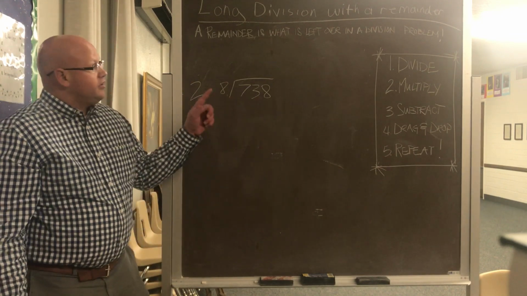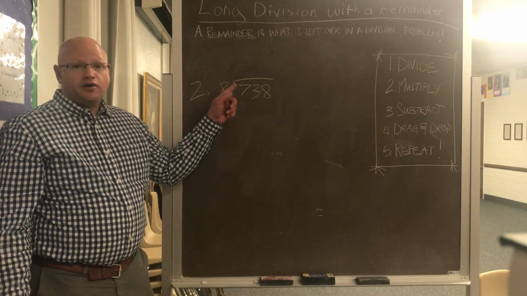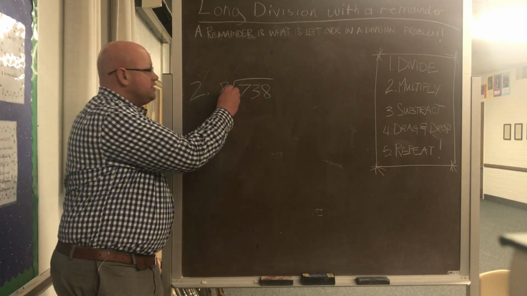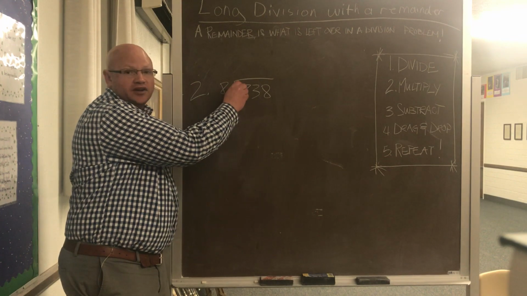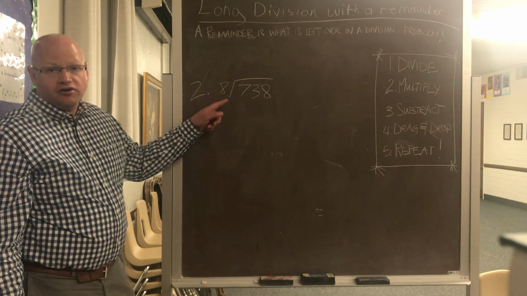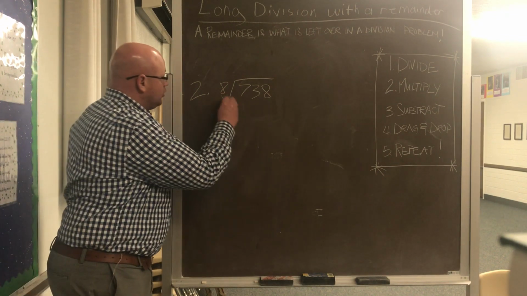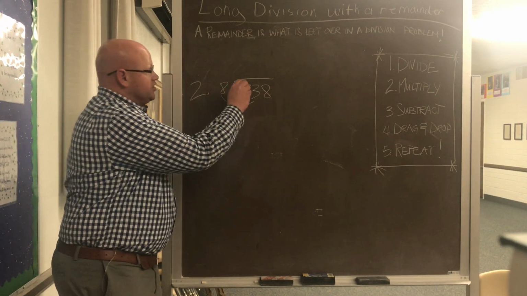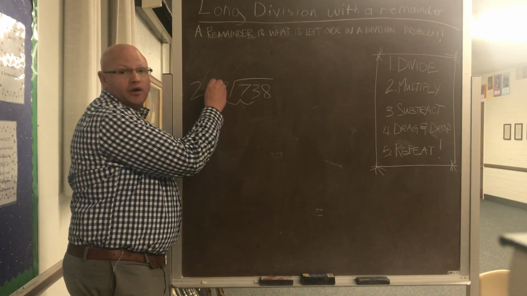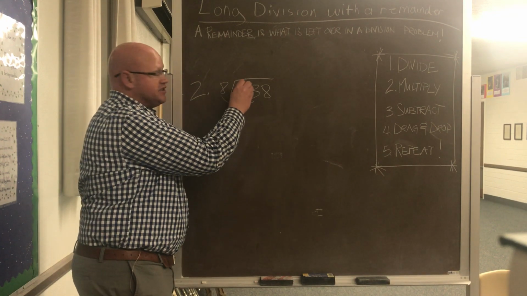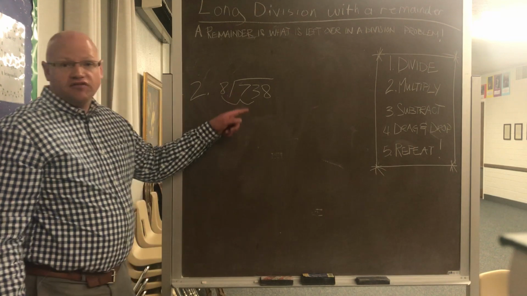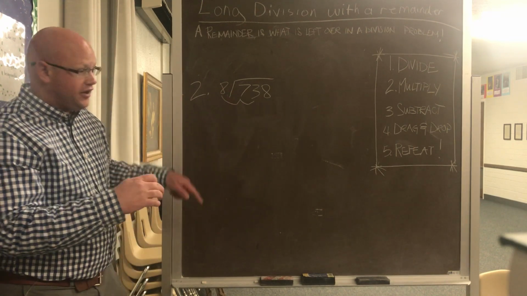So to start off the problem, we do the first step, which is divide. 8 divided into 7 can't work because 7 is smaller than 8. So we're going to have to go on to the second number, which makes 73. Now we're going to do 8 divided into 73, which 8 will go into because it's less than 73.